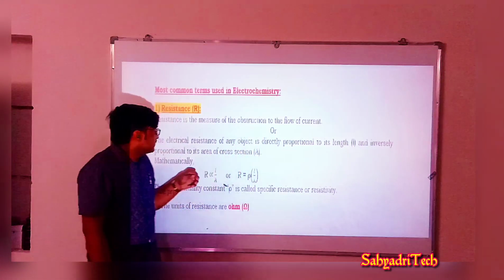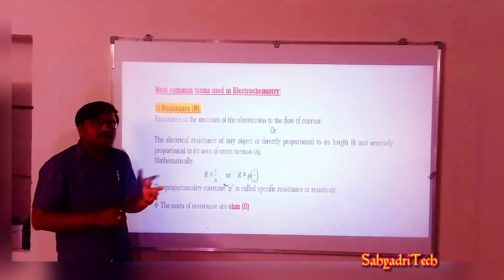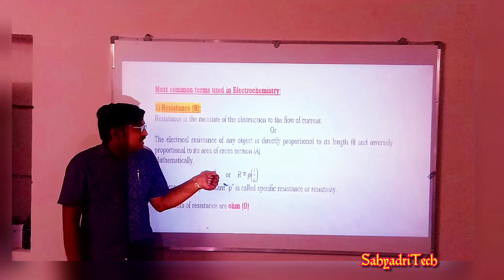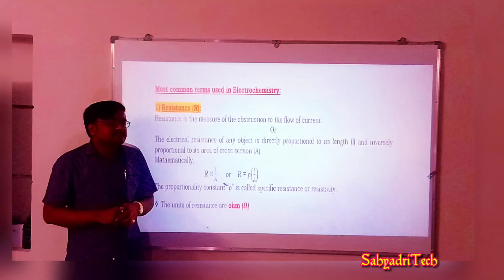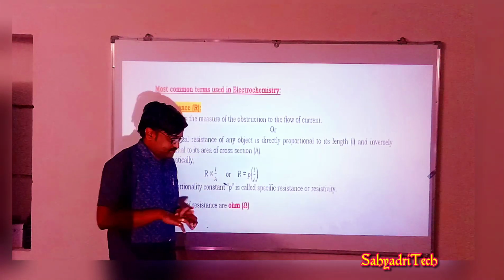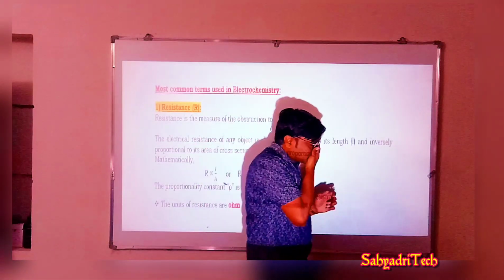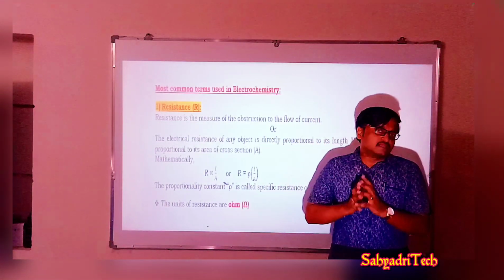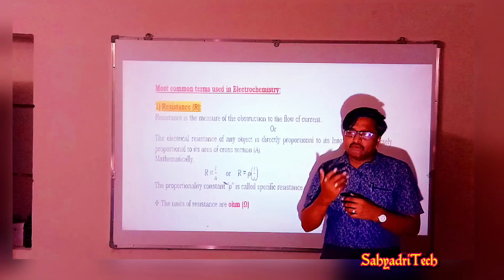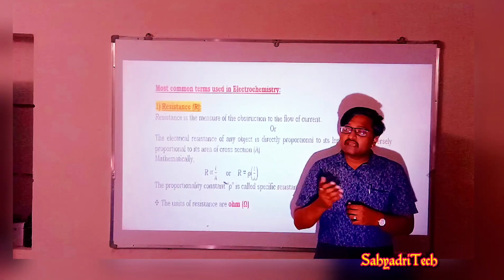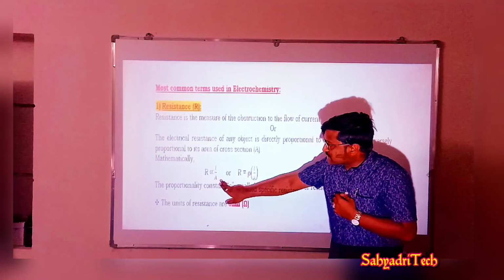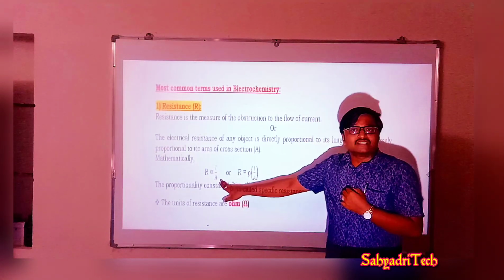In another way, we can define that the resistance of any object is directly proportional to its length and inversely proportional to its area of cross section. If I consider conductors, all conductors are going to offer certain resistance, which is directly related to length and inversely related to area of cross section.